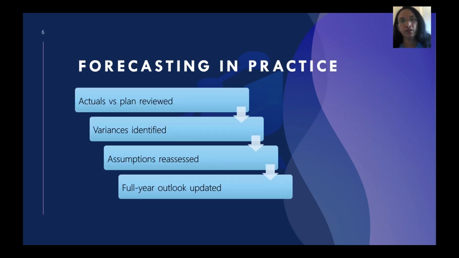Here, let me share an experience of mine. In one quarter, revenue was originally forecasted at a certain level. When the quarter closed, actual revenue came in approximately 20% higher than the forecast. At first, we thought this could be treated as a one-timer. But with time, the next quarter also reported 20% higher revenue.